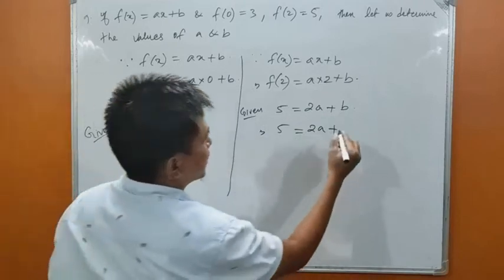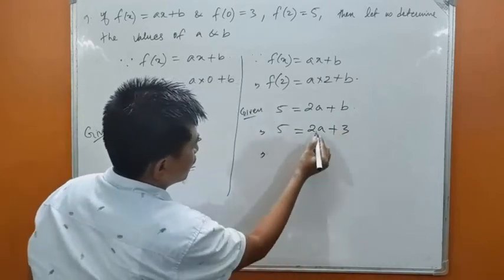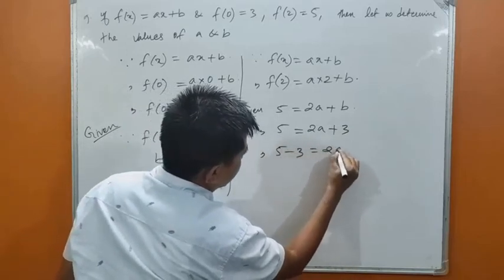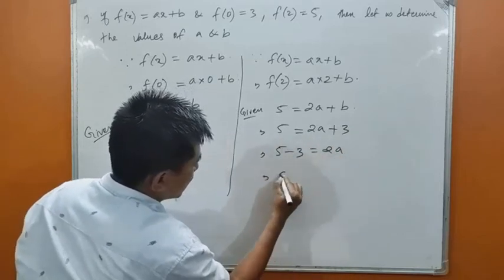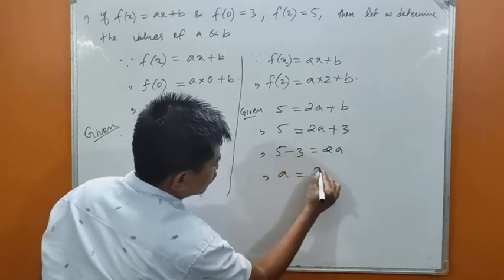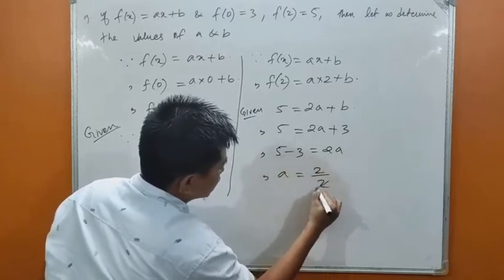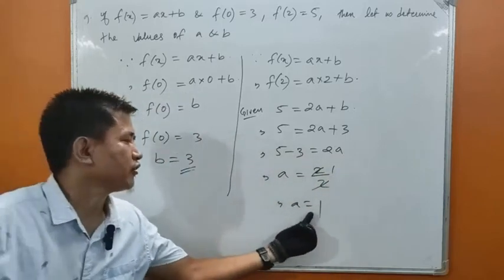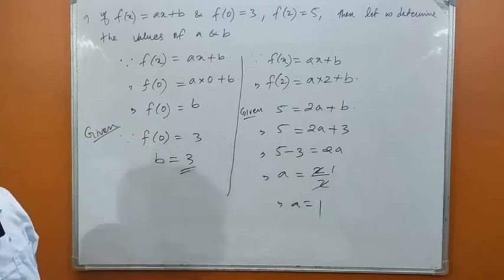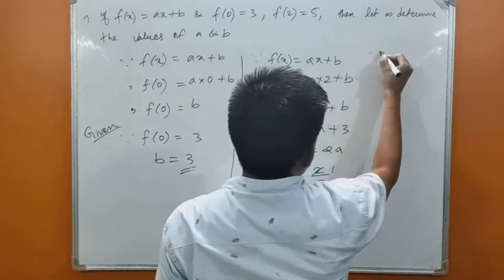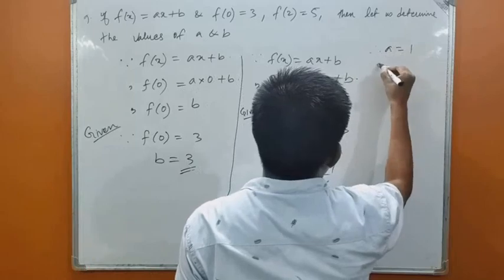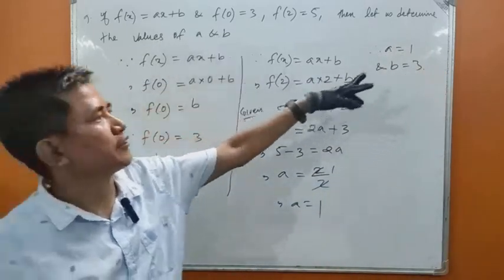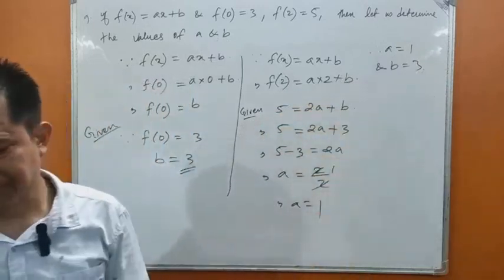So 5 minus 3 equals 2a, or a equals 2 upon 2. The 2 comes in the denominator, 2 and 2 cancel out, so a equals 1. Therefore the value of a is 1 and the value of b is 3. We were asked to find the values of a and b. The values of a and b are 1 and 3.